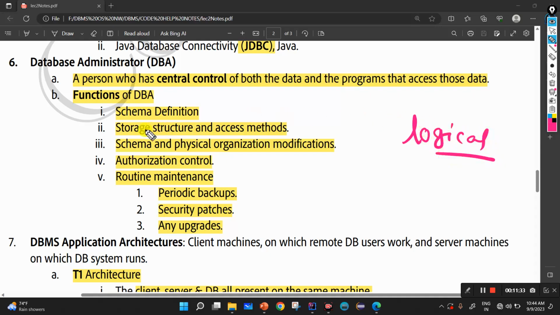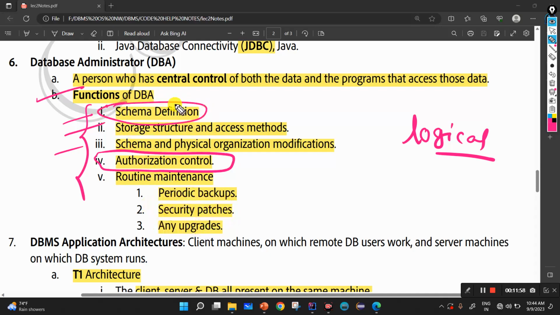Now the second point is the functions of the DBA. The DBA has several functions: schema definition, storage structure and access methods, schema and physical organization modification, authorization control (very important), routine maintenance, periodic backup, security patches, and any updates. Schema definition is one of the important things. Authorization control is important. Storage structure and access method is also important. So this is it about the DBA.